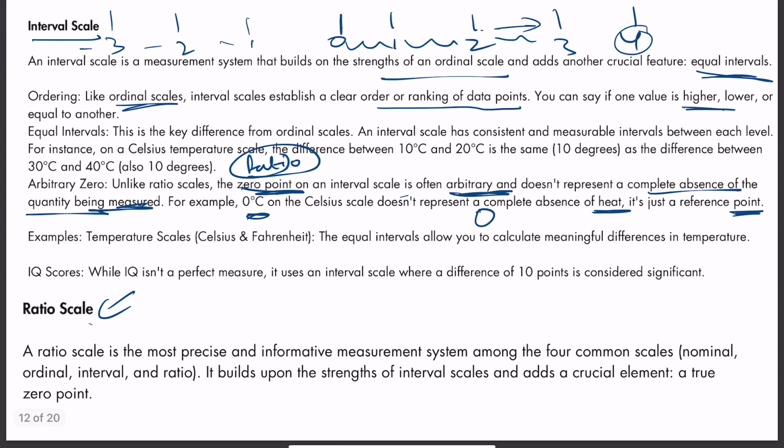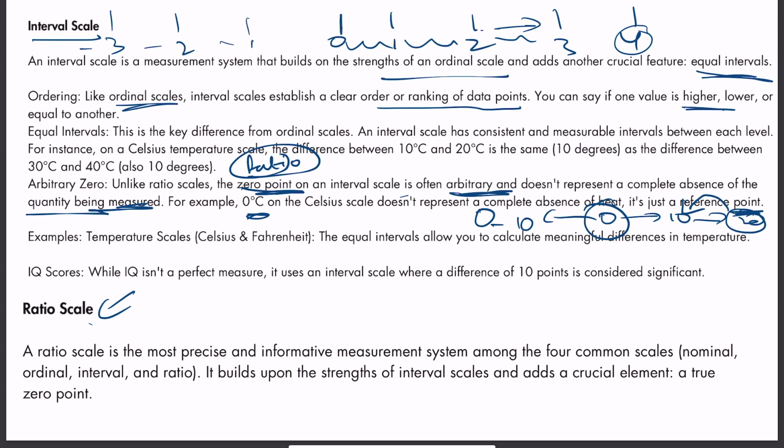So because of this, you cannot make a meaningful statement about ratios. For example, let's say you have 0, you have 10 degrees here, you have -10 degrees here, you have 20 degrees here. You cannot say that 20 degree is twice as hot as 10 degree because 0 holds absolutely no value.